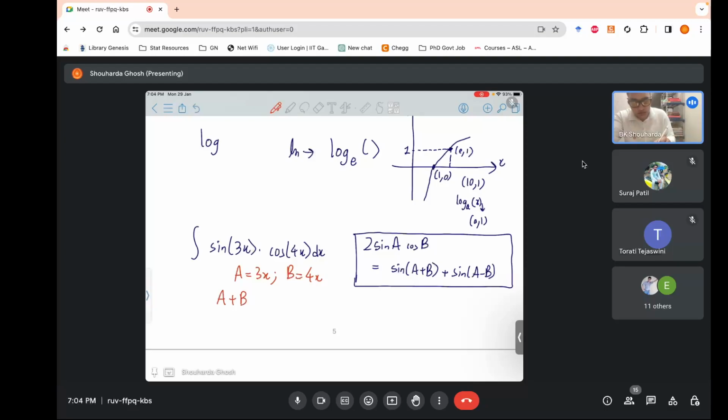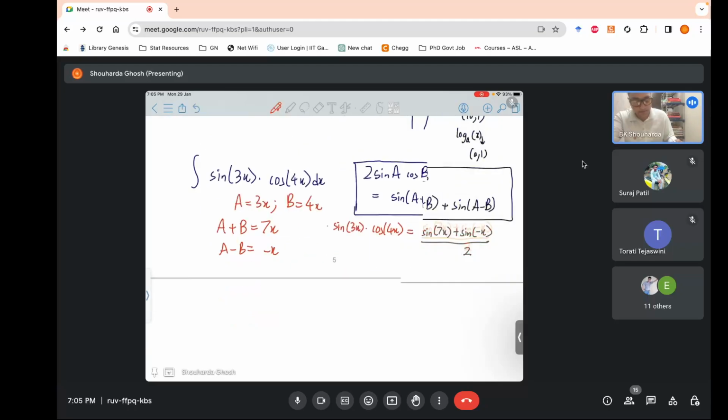So a plus b is 7x, a minus b is minus x. So what will be sin 3x times cos 4x? It will be sin 7x plus sin of minus x, upon 2, because here we don't have the 2, it will come in the denominator.